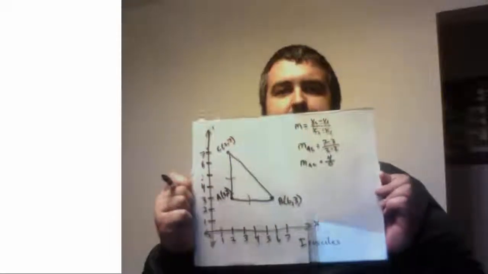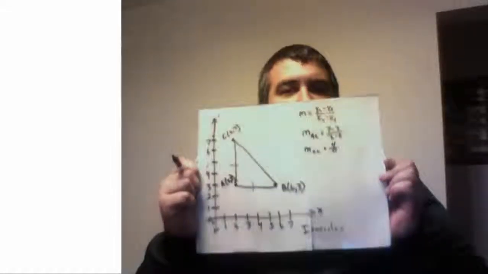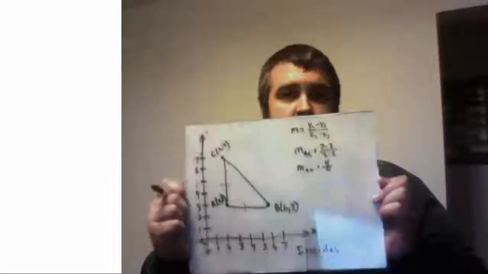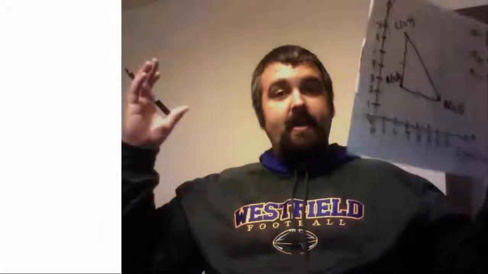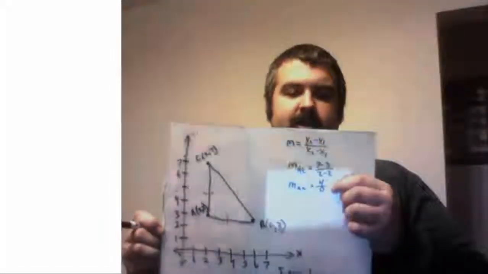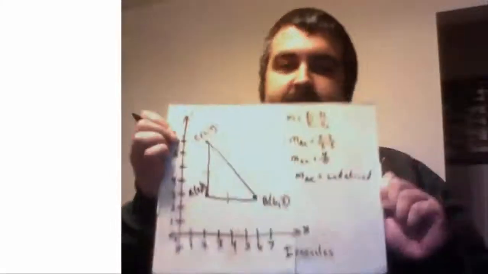What type of slope is that? If you said undefined, good. Remember, you cannot stand on a beach ball, but you can hold it over your head. We don't define this because you can't divide by 0. So, slope of AC is undefined.